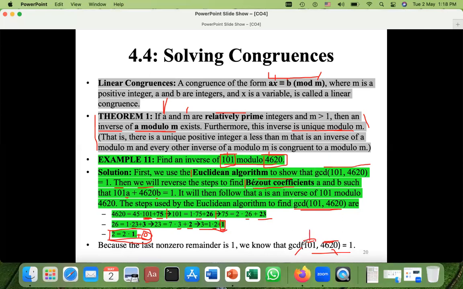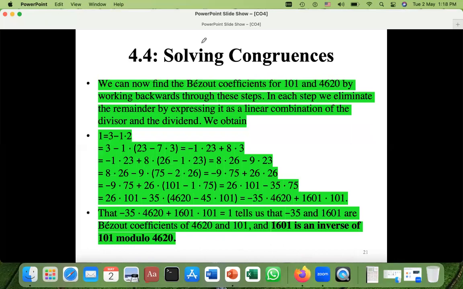Whatever coefficient you find with this 101 would be the inverse in this question. And we can find these coefficients only by using this Bezout method. Now moving next to the slide for these Bezout methods.